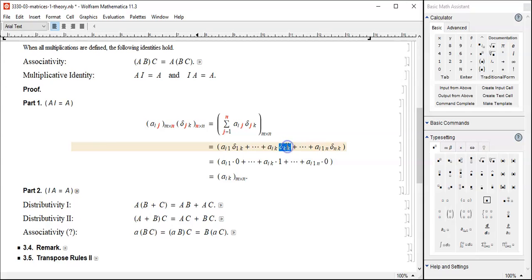Everything is 0 except for this delta kk, and that's 1. All the dot dot dot terms have to be 0 because every diagonal entry is 1, everything else is 0.